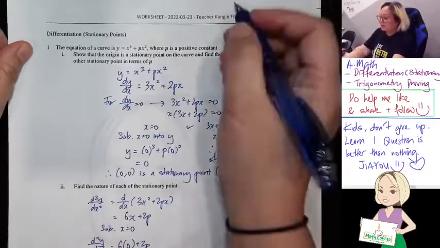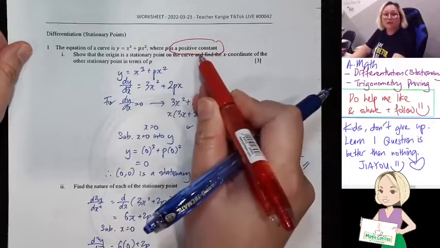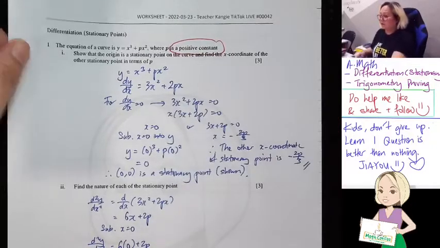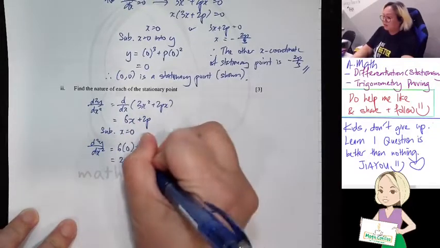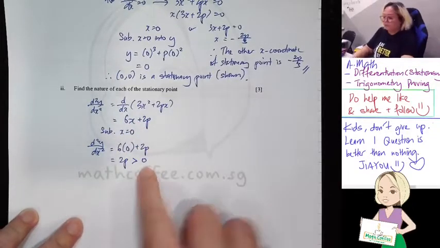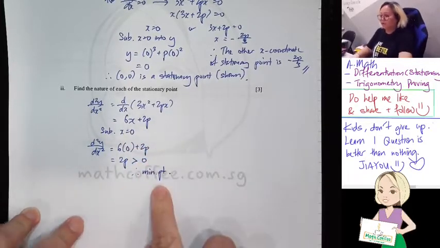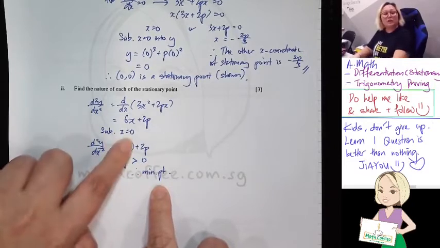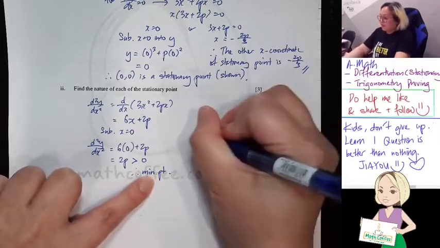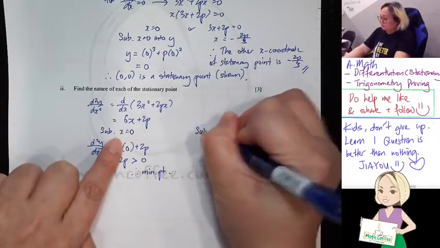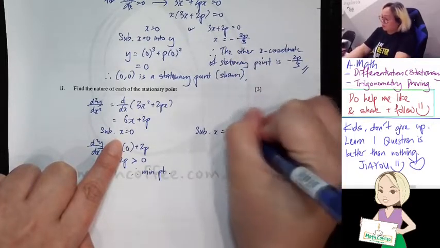They tell us that p is a positive constant, meaning p is a positive number. So if p is a positive number, this is more than 0, and if this is more than 0, it means that it is a minimum point. So we will know that the first stationary point 0, 0 is a minimum point. Next, I need to sub x equals to minus 2p over 3.